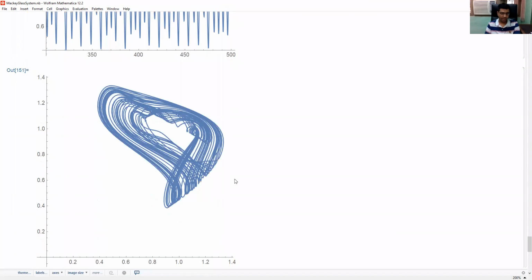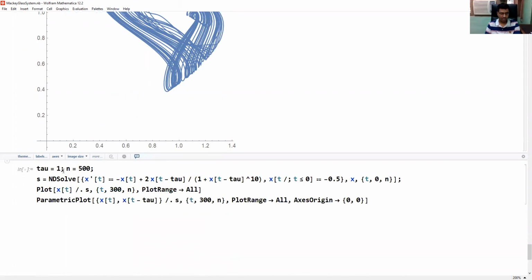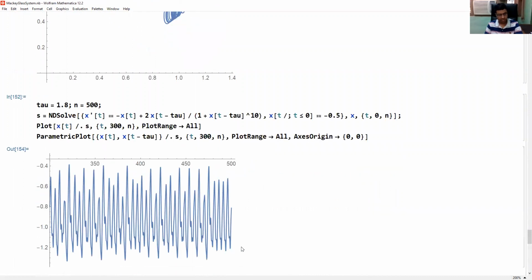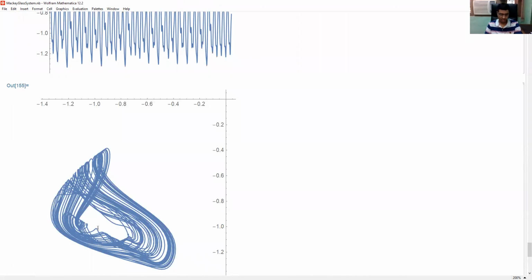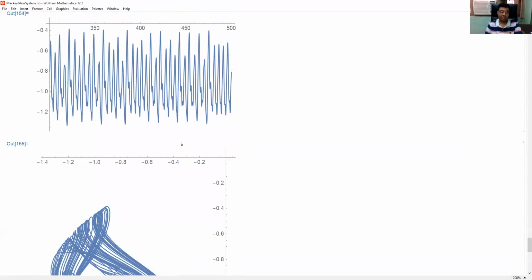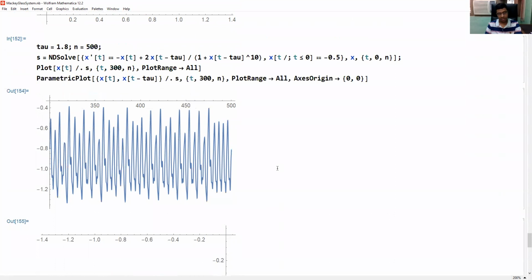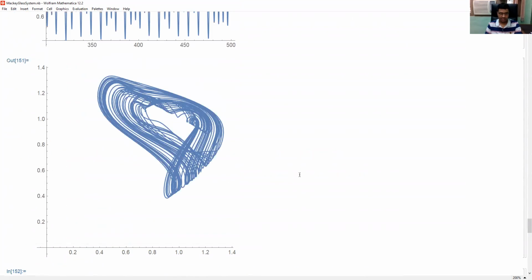Okay, 1.8. This is called as chaotic attractor. And if we consider negative initial condition, then we get another chaotic attractor. These are called as coexisting chaotic attractors. Okay, so for different initial condition, we are getting different attractors.